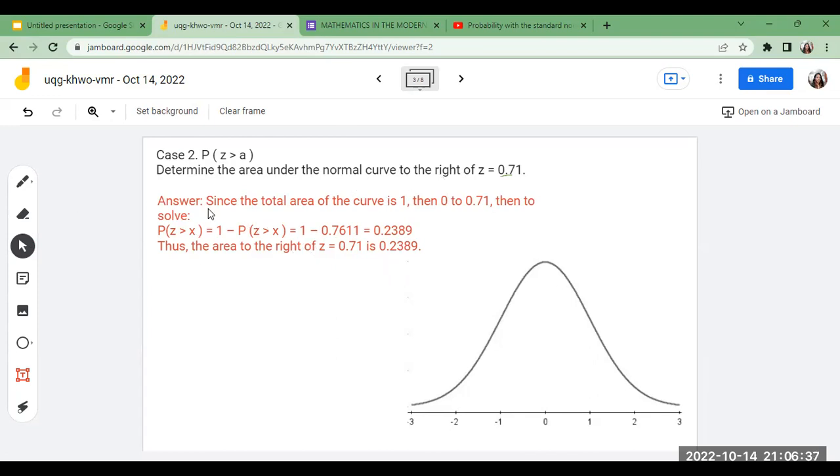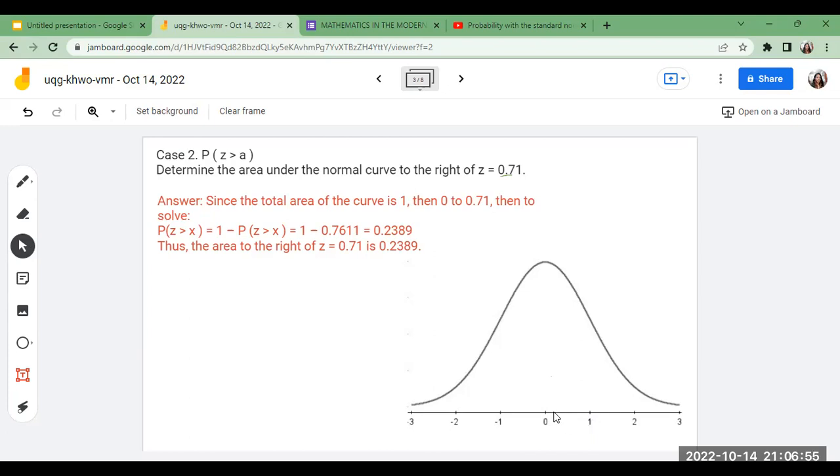And to graph, let's draw the normal curve. We are looking for the area under the normal curve to the right of 0.71. And 0.71 can be found on the number line between 0 and 1.